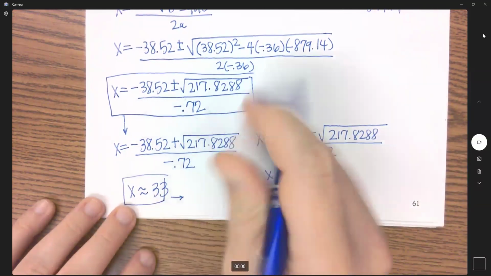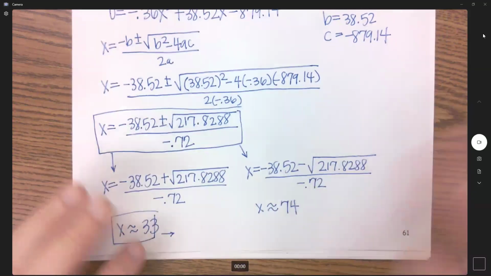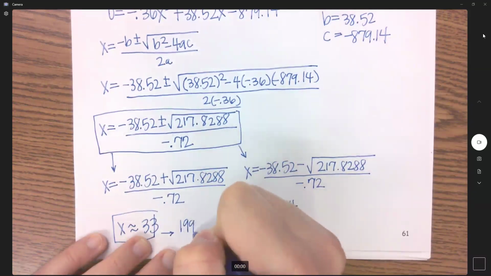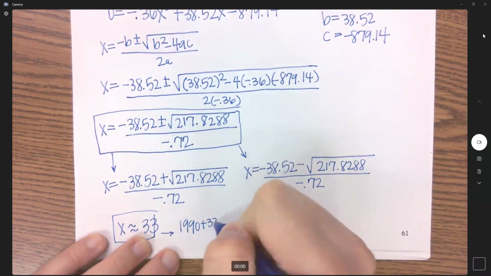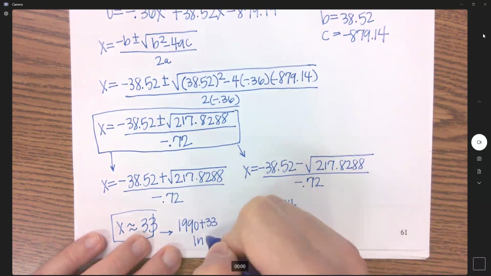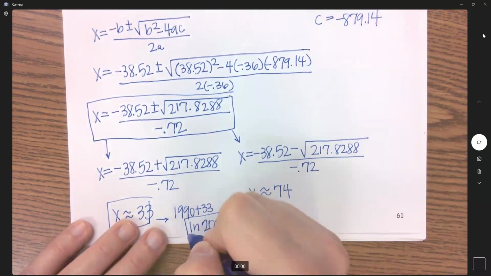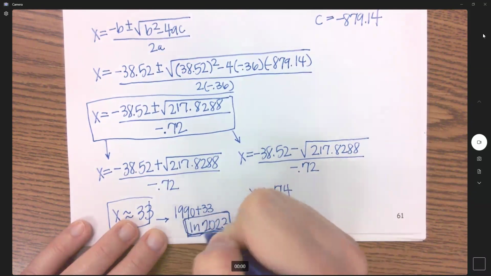And so that means if my x is after 1990, I need to do 1990 plus 33. So we are talking about in the year of 2023. Now I have a note to round up on this.